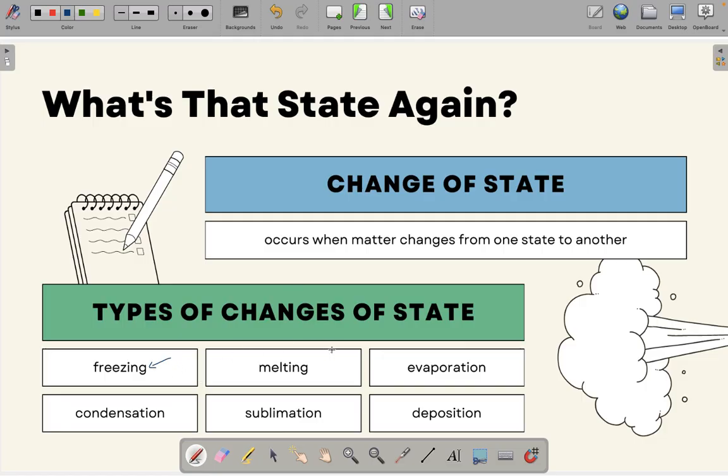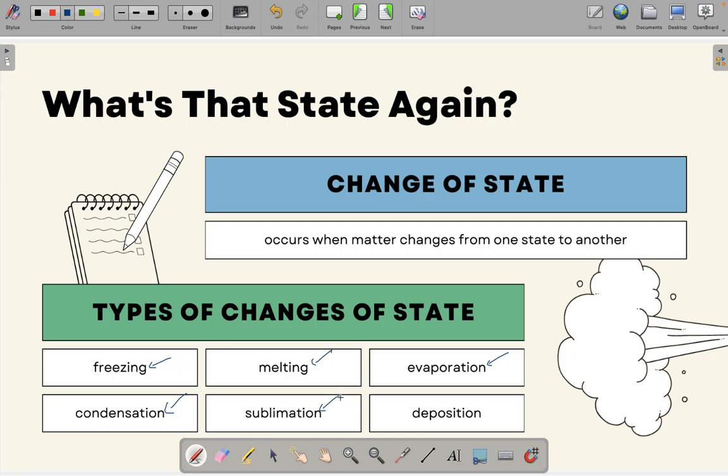What about melting? Solid to liquid. What about evaporation? Liquid to gas. Very good. What about condensation? Gas to liquid. What about sublimation?